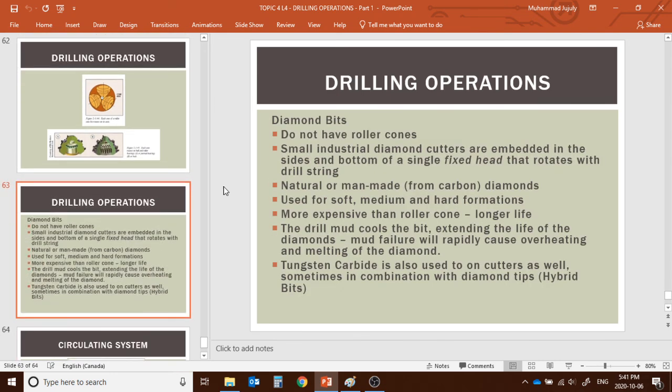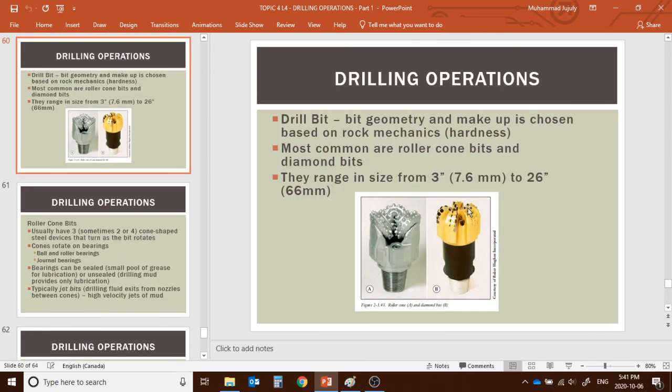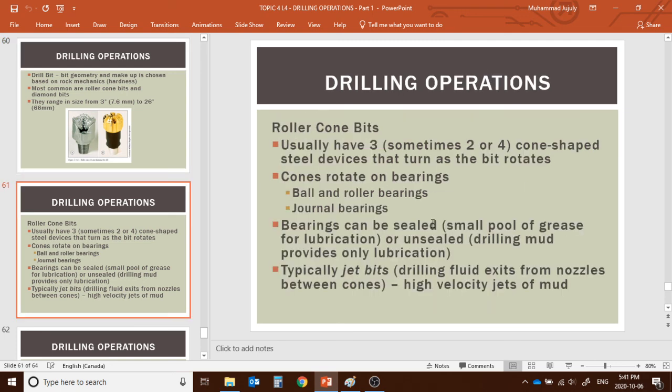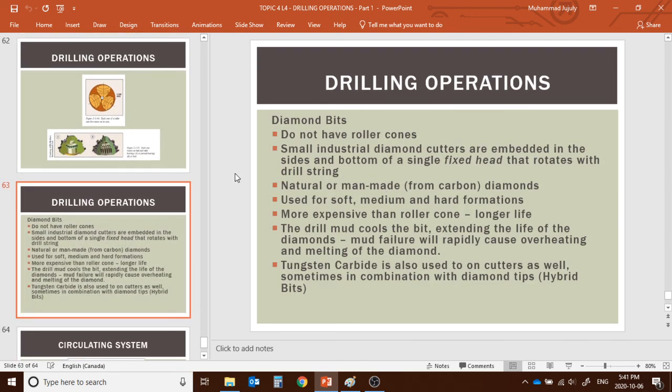Diamond bits don't have roller cones. As you can see, it moves like this. The roller cones move all together, but the diamond bits rotate like this. Small industrial diamond cutters are embedded in the bit. We usually use industrial-scale diamonds, though they can be natural.